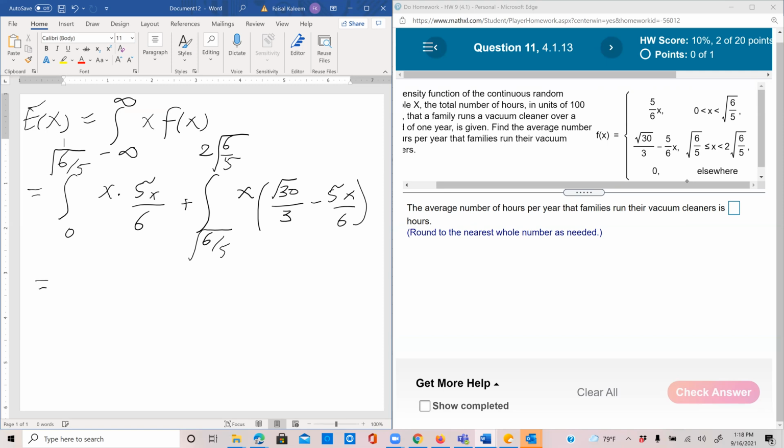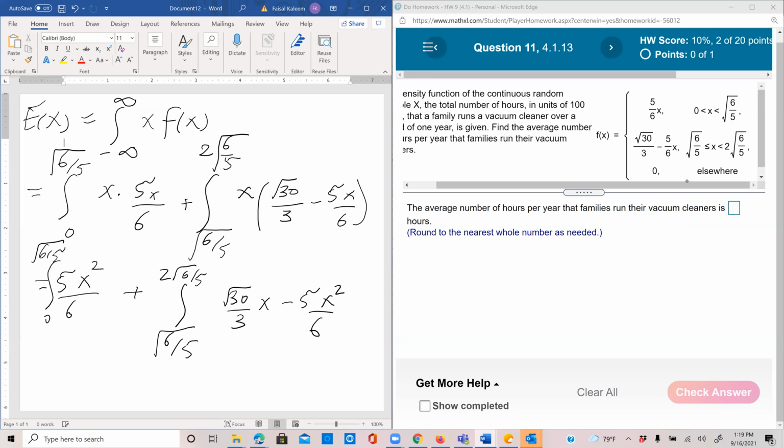So the first one, we first need to multiply before integrating. It's 5x squared over 6, 0 to square root 6/5. And the second one, when you multiply, is square root 30 over 3 x minus 5x squared by 6.